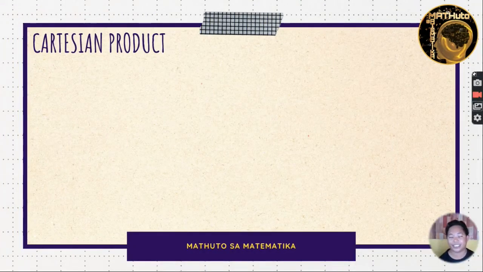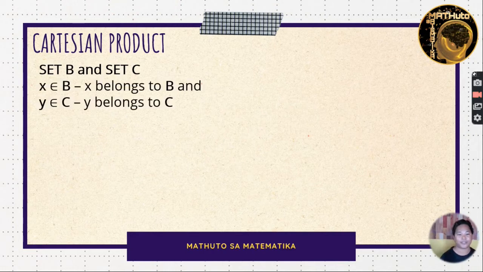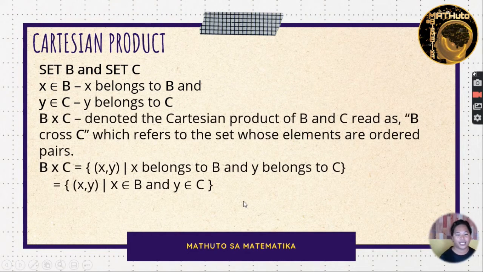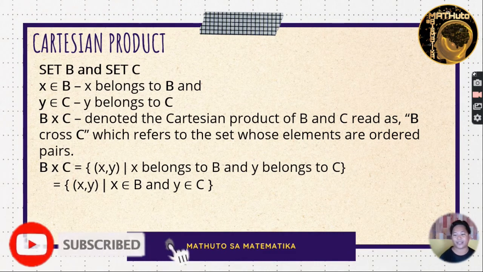Next, we have the Cartesian product. We have sets B and C. So, we denote X is an element of B, meaning X belongs to B, and Y is an element of C, meaning Y belongs to C. B times C denoted the Cartesian product of B and C, read as B cross C, which refers to the set whose elements are ordered pairs.